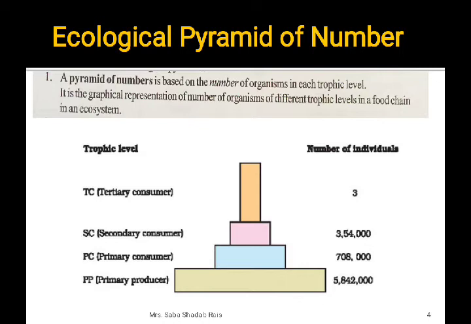So these top predators are always low in number. Now why? When we understand the pyramid of energy, at that time you will find that as we go ahead into the trophic levels, the energy passed on is little lower. So that's why the tertiary consumers or top predators are always low in the ecosystem.